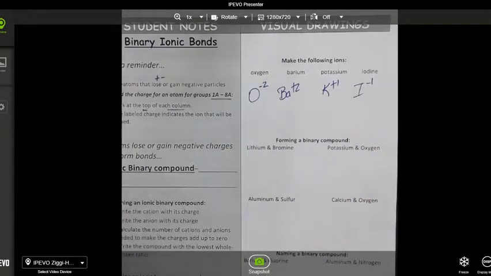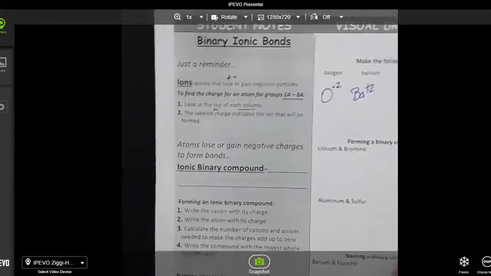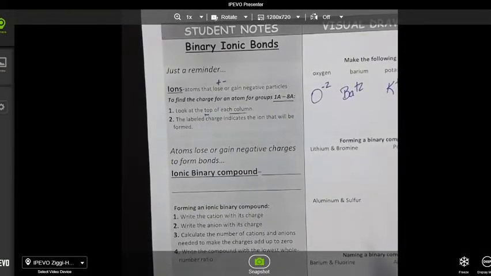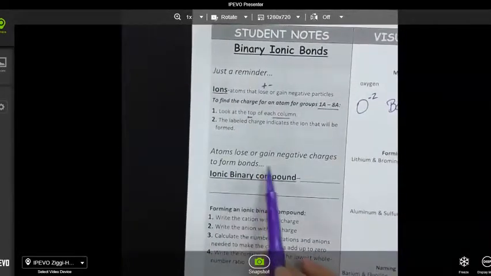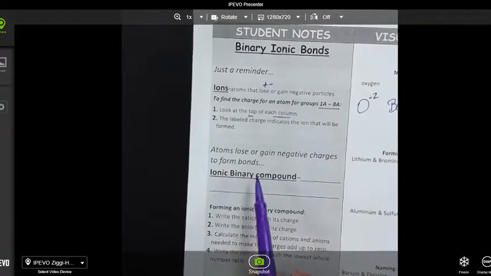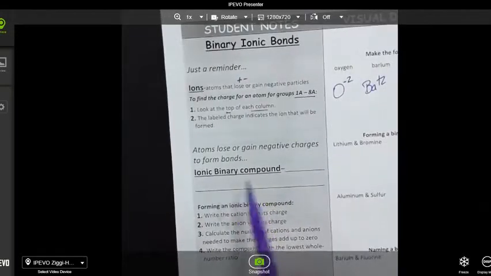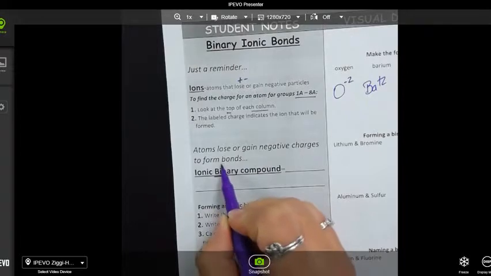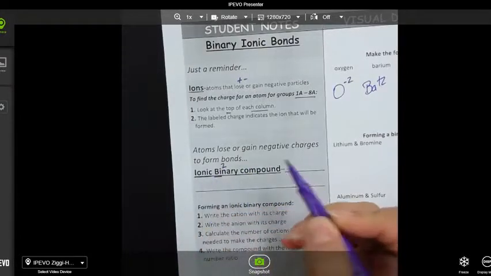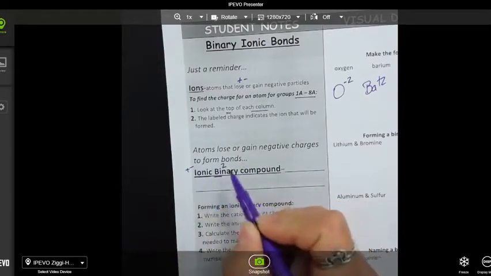All right, so now we're going to talk about bonding. Atoms are going to lose or gain negative charges to form bonds. The first type of bond we're going to talk about is an ionic binary compound. Binary means two, and ionic refers to the ions, positives and negatives.